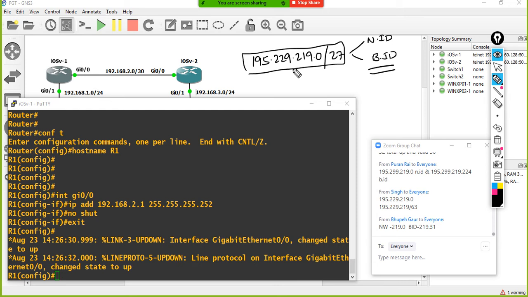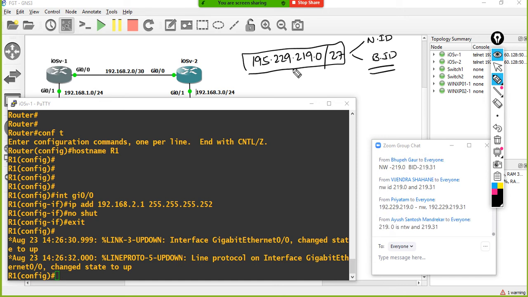Madam Singh, you are wrong. Bhupesh, okay, correct. Vijendra Shanshen, correct. Preetham, correct. Next, Ayush, correct. Who else is there, guys? Madam Singh, why are you getting confused?